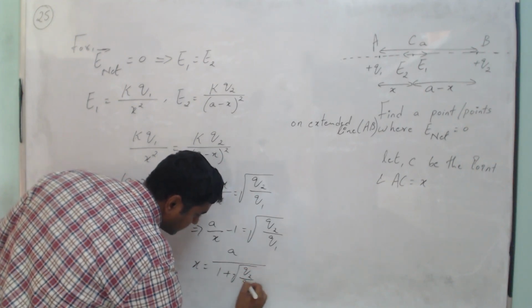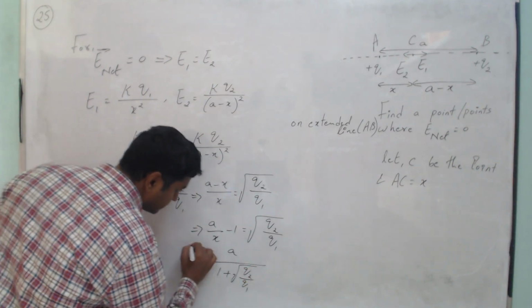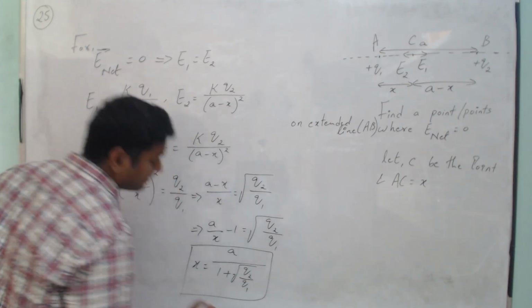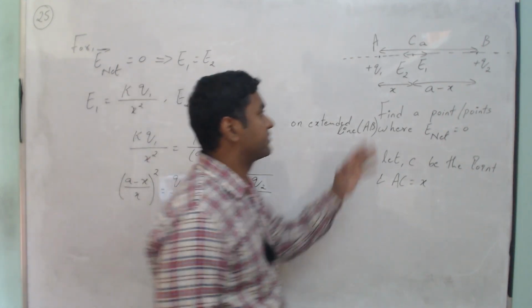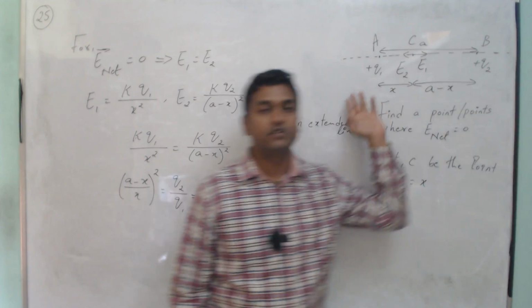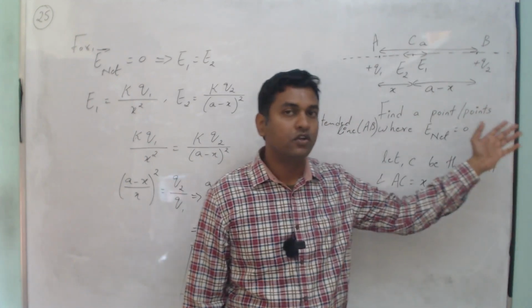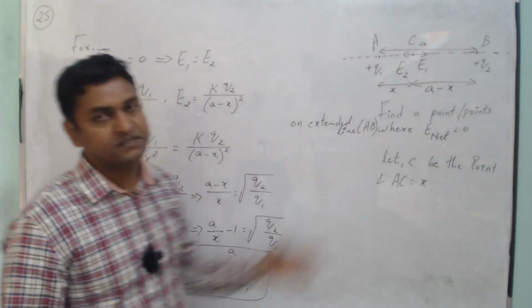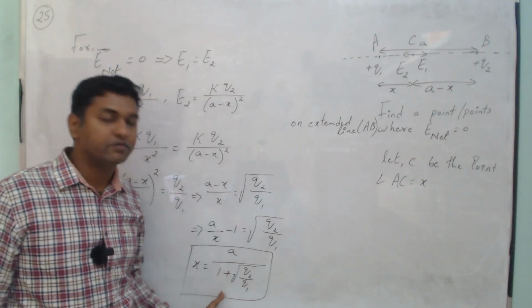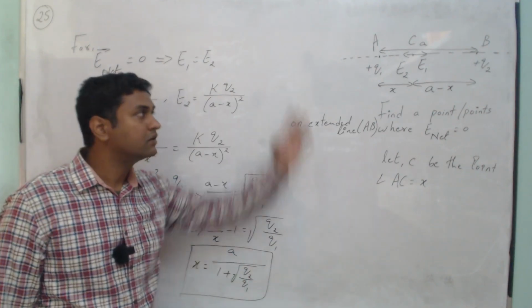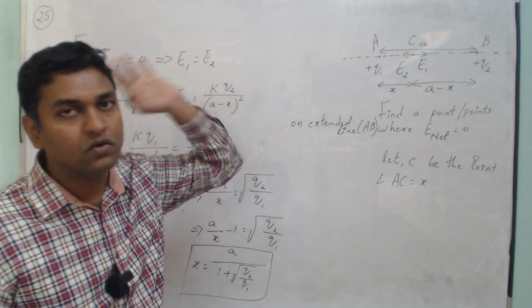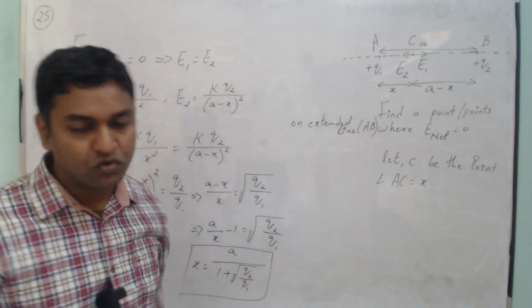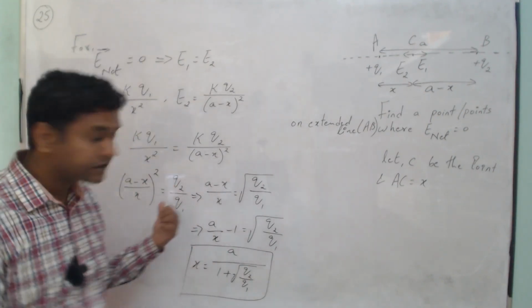Is this clear? So the point where the net electric field will be zero due to the charges q1 and q2 will be at a distance of x, which is nothing but a divided by 1 plus square root of q2 by q1 from point A, towards right side. Is this clear?